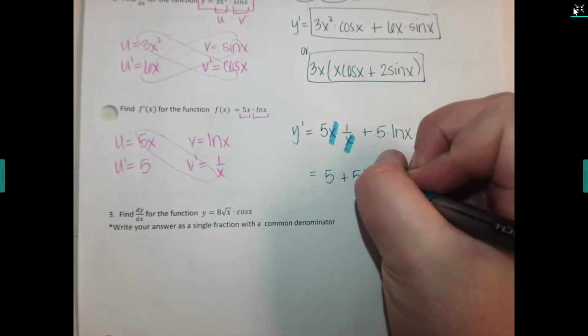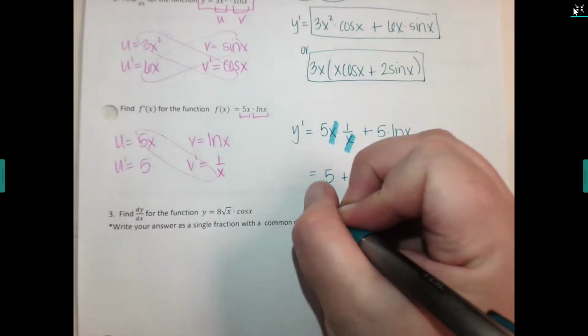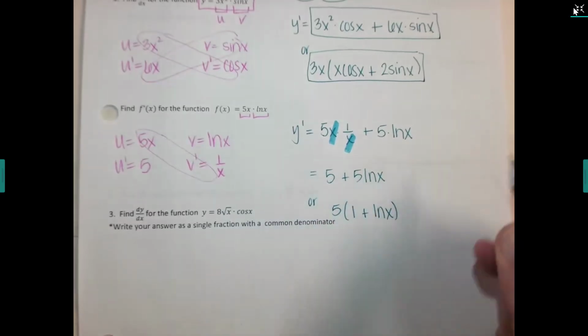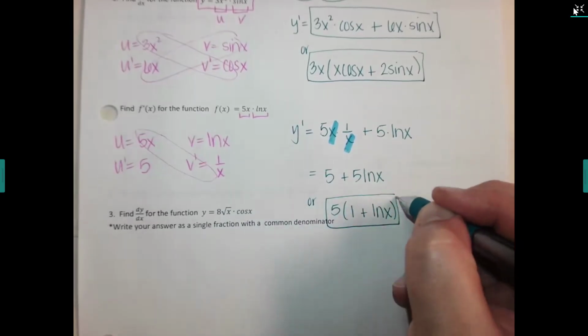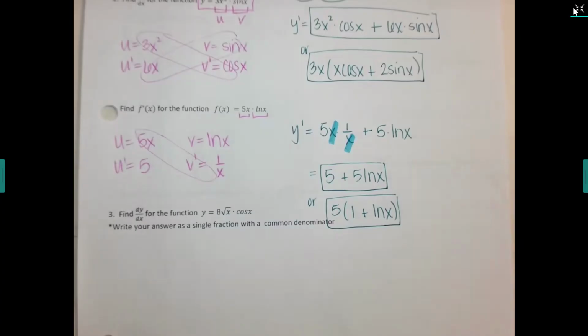And then is there a GCF I could pull? Yeah, 5. So you could also rewrite that as 5 times (1 plus ln x). Okay? But remember, both of those are correct for your Delta Math. The first one's 5 plus 5 ln x. But for AP, usually they'll take a GCF out if there is one.